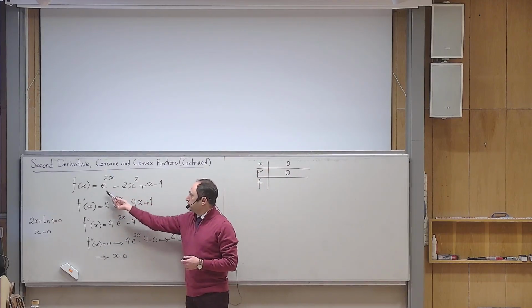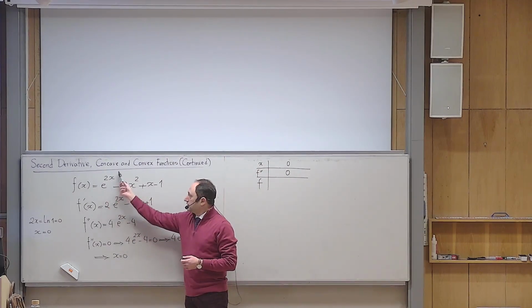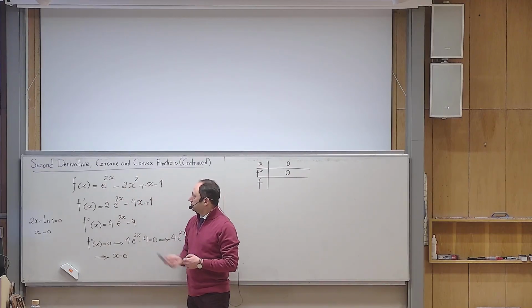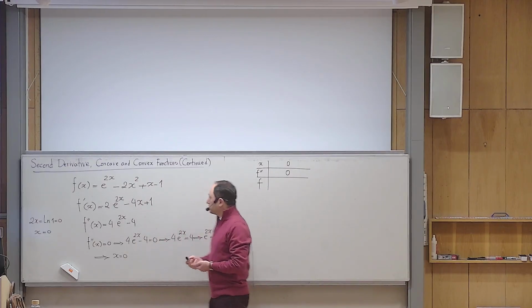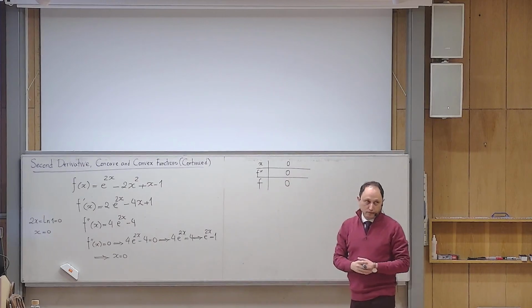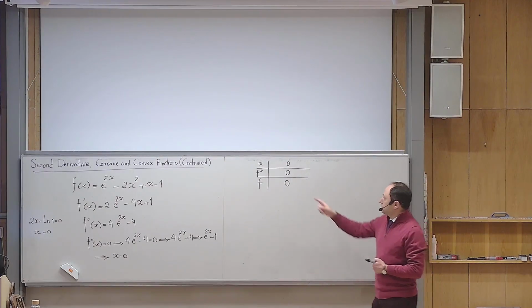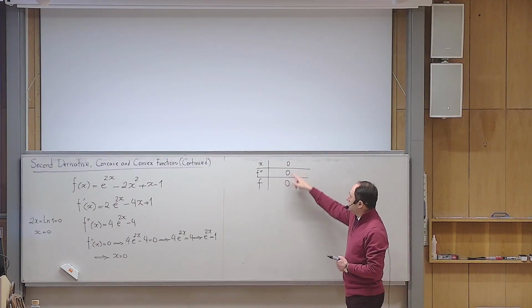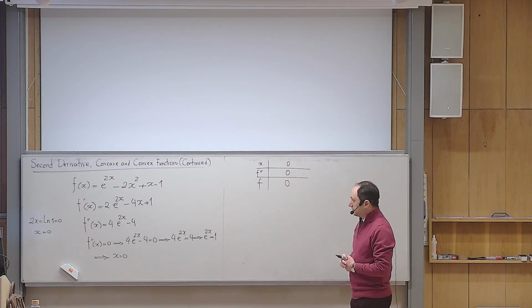So what happens? e to power 0 is 1. This one and that one are cancelled. And when I put 0 here and there, that's also 0. So coincidentally, again, everything is 0. This is always 0, but there is no guarantee that these are 0. But everything in here coincidentally is 0.